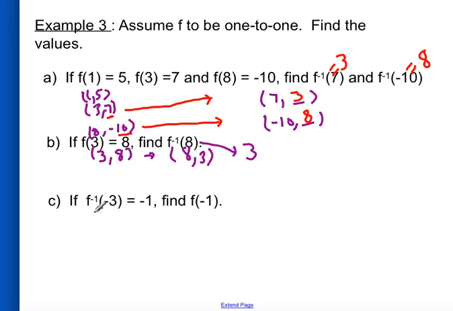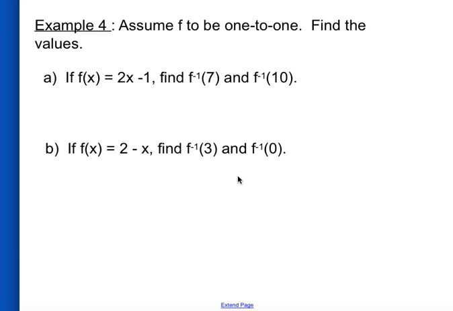And now you've got the inverse notation here. This is saying that the x value is negative 3 and its y value is negative 1. We swap them going the other way as well. So now you got negative 1 and its y value there should be negative 3. So what's f of negative 1? It has to be negative 3. Again, you just swap the x's and the y's. You just switch them.